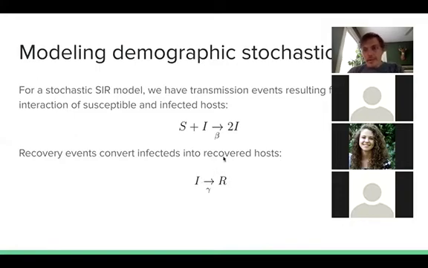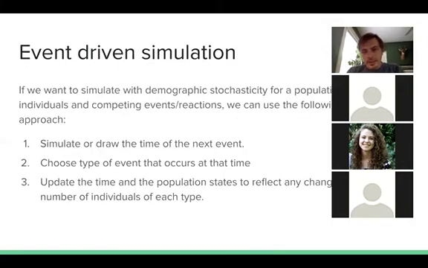So how would we actually simulate under a model like this with demographic stochasticity? Well, the interesting thing that we have to consider here is now that we have many different individuals in our population and different types of individuals, say susceptible, infected, and recovered individuals, and these different individuals can be involved in different types of events, transmission events or recovery events.